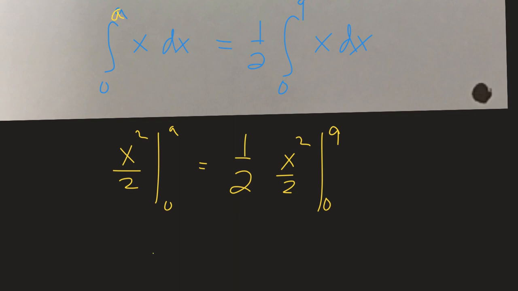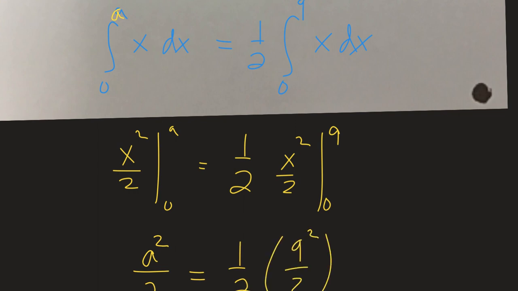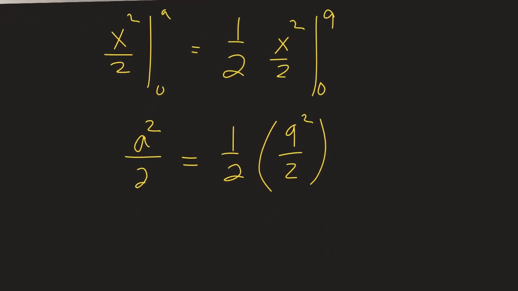Okay, so on the left side, I get a squared over 2, and on the right, I get half of 9 squared over 2. Okay, so let's see. So multiply both sides by 2.